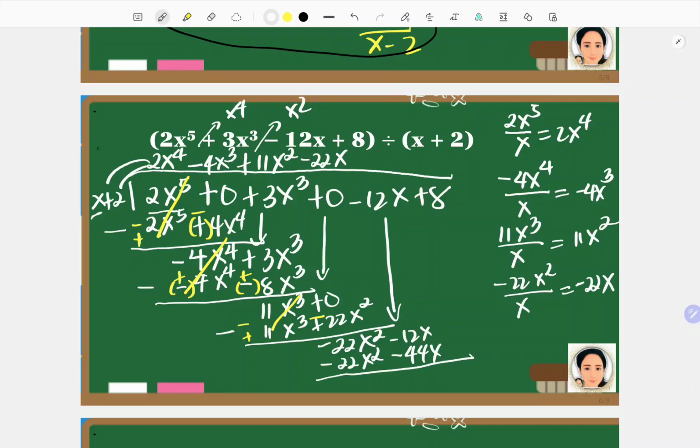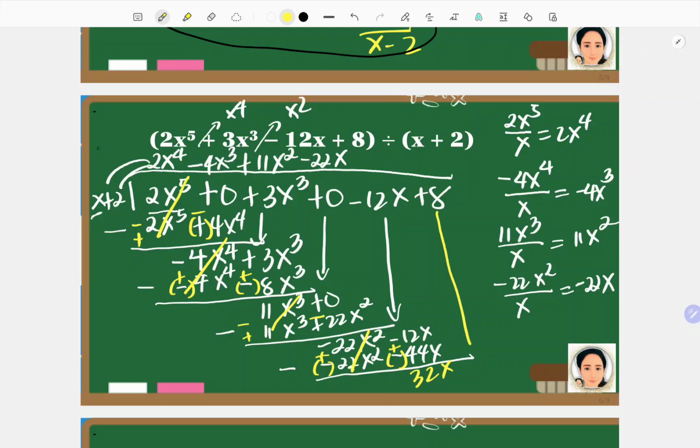Then, subtract, minus. Change the sign. This will become 0. Change the sign. So, negative 12 plus 44. So, the answer is 32x.